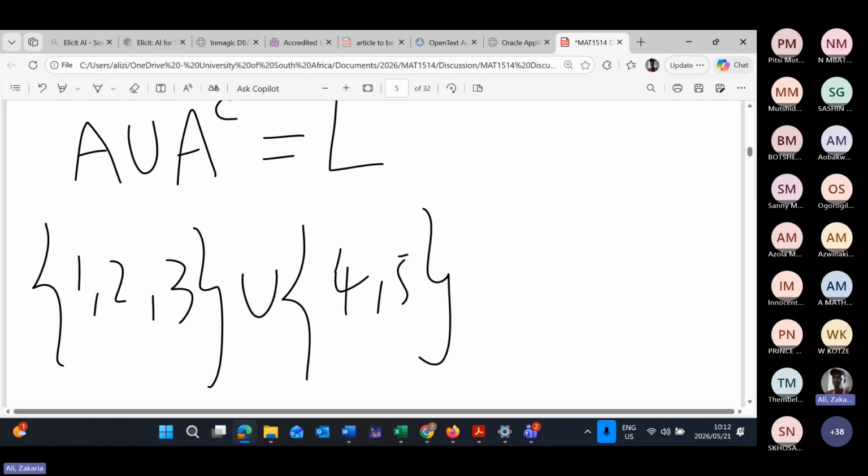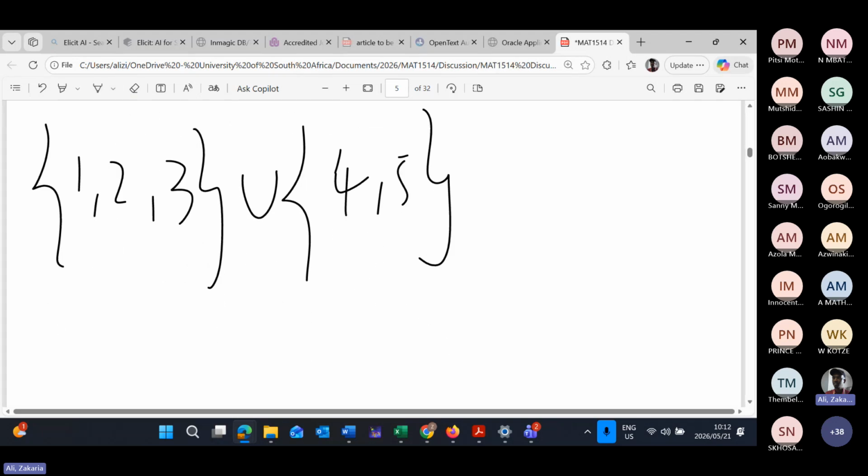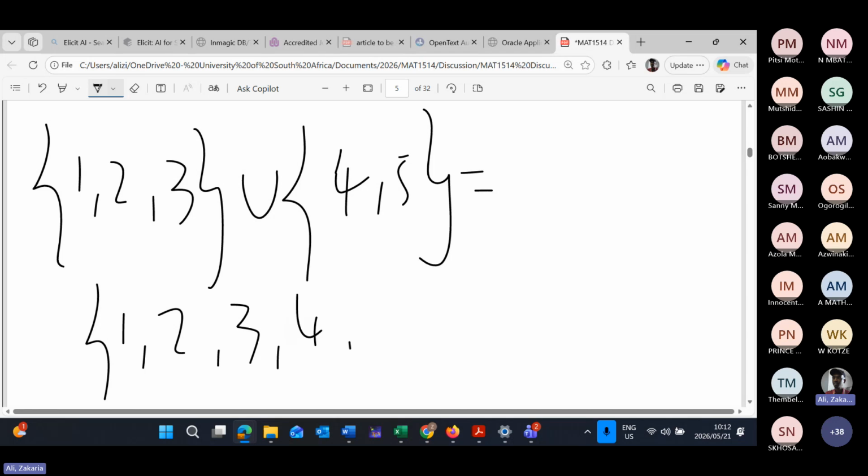So the new set is the elements that are in the set A or in the complement, which gives 1, 2, 3, 4, 5, everything in the first one or in the second one, which is the set L. So basically a set and its complement give you the original set.